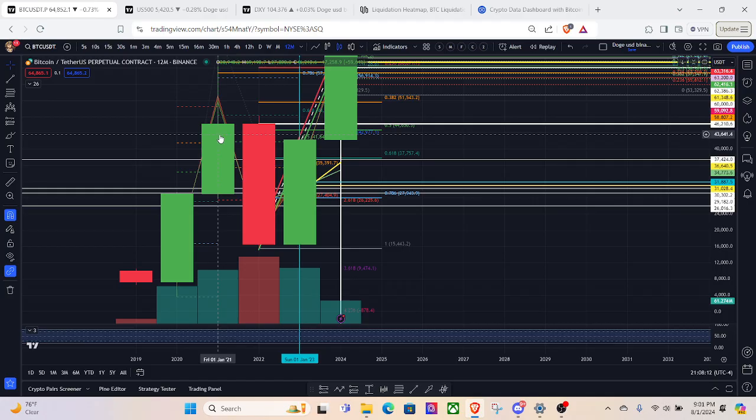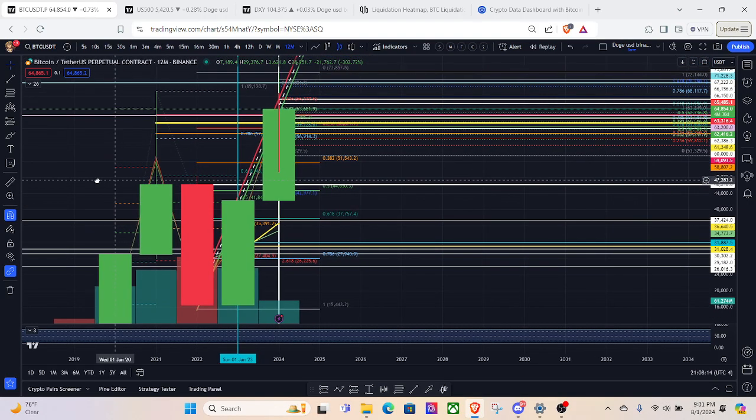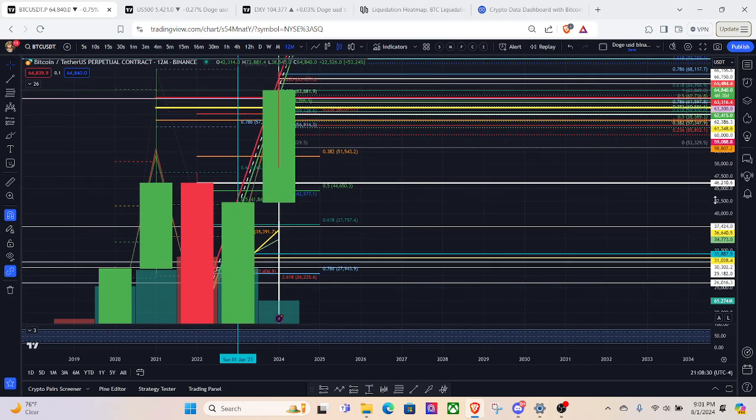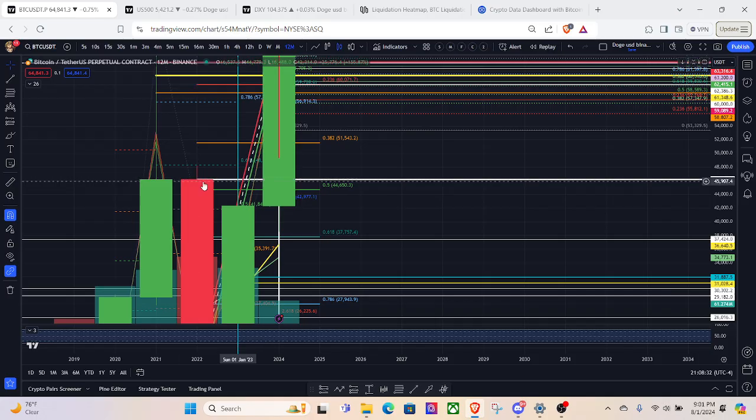So this body opened, sorry, at 46,210. So you get that line there. So we have this structure here.